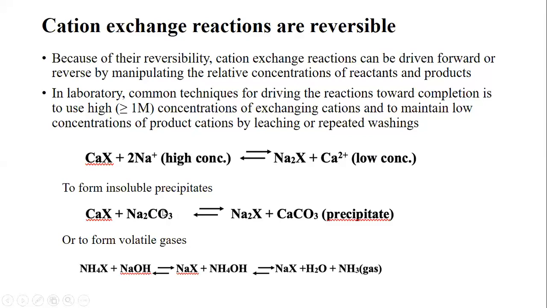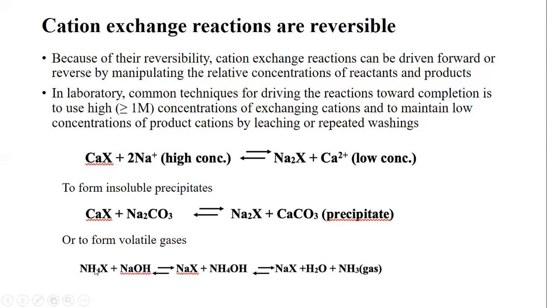The carbonate ion will combine with the released calcium to form calcium carbonate, which is a precipitate. So we kept the concentration of calcium low by precipitation. It precipitated as calcium carbonate.